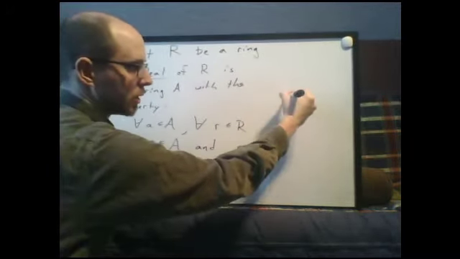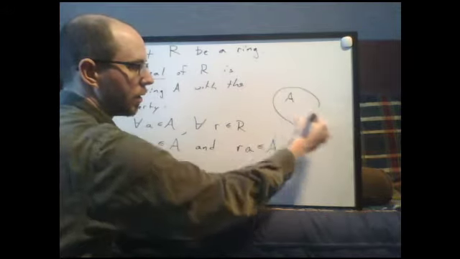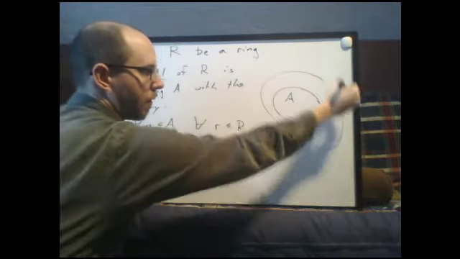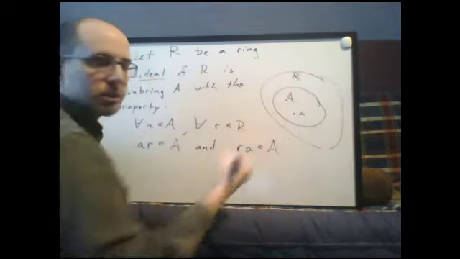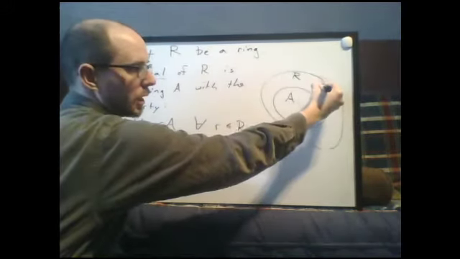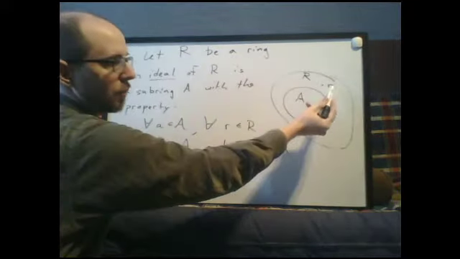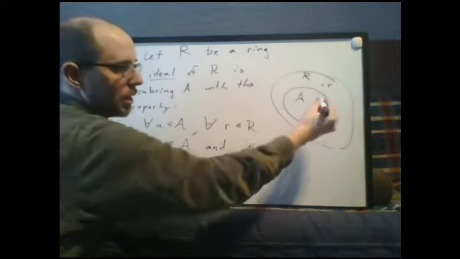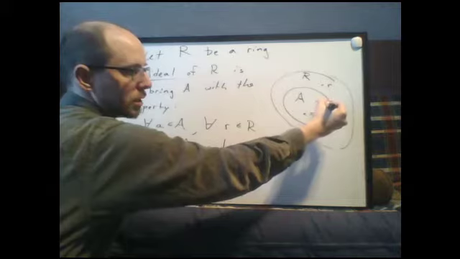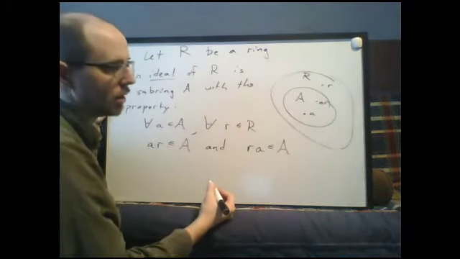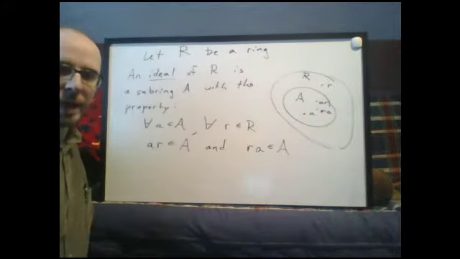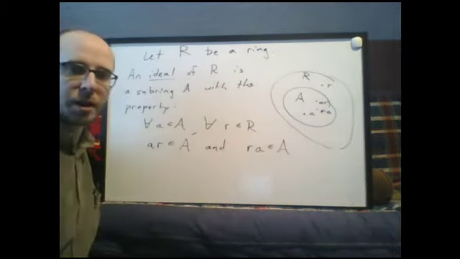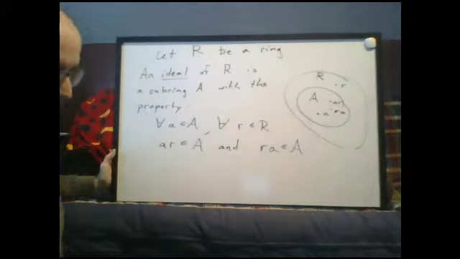We've got our subset A, and I take an element from A, and I've got my bigger set R. I take an element from that bigger set. If I multiply these two elements, their product is always inside of the ideal. It doesn't matter which way I multiply. They might give me different answers, but both of the products will live inside of the ideal A.